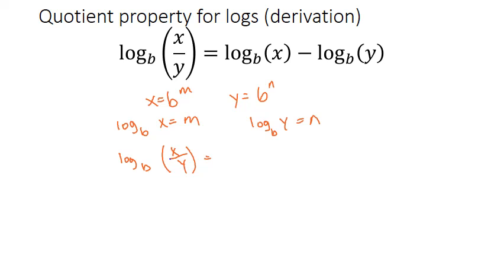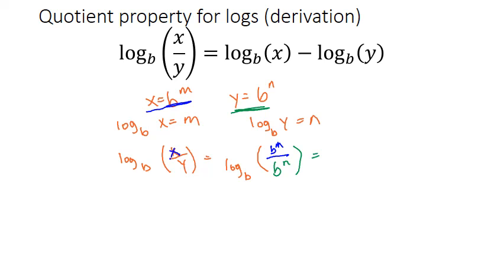Remember that x is b to the m, so we're going to have basically log base b of b to the m over, and remember that this is what y is equal to. So it's going to be over y, which is b to the n.